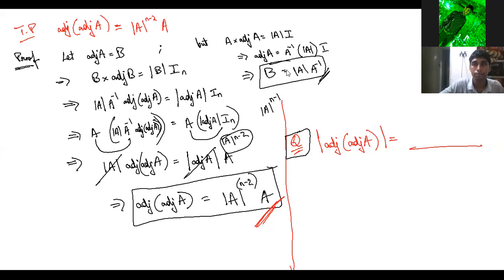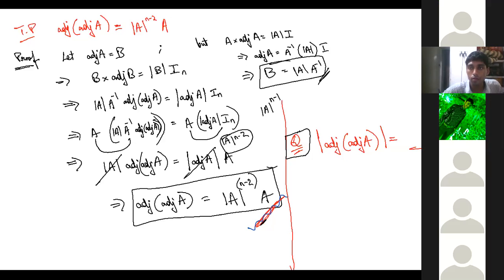Anyone get the answer? No one got it, huh? Are you people trying this or doing something else? Avinshu, Riya, Vaishnavi? So, trying.